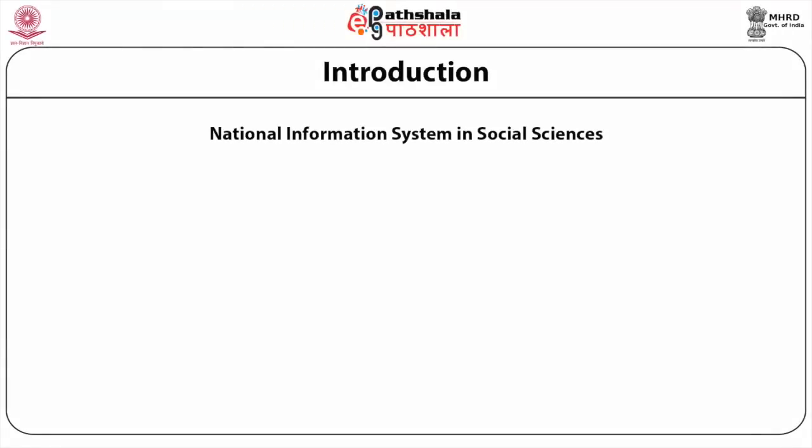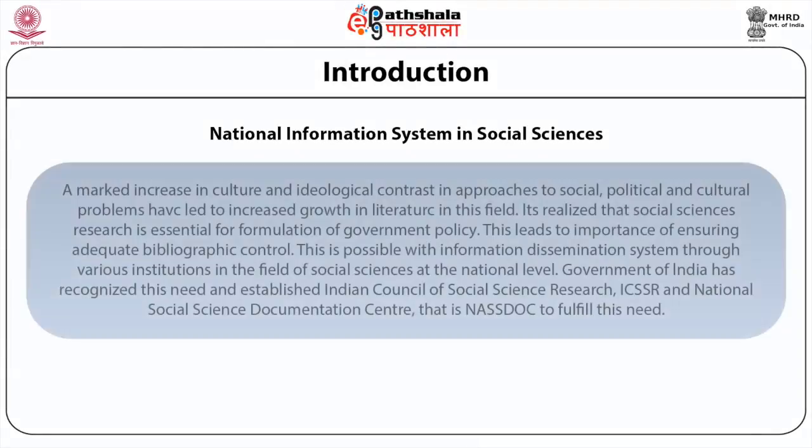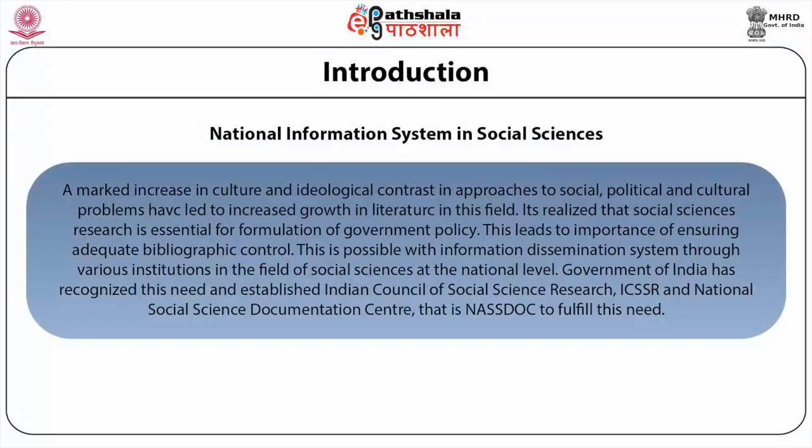National Information System in Social Sciences. A marked increase in cultural and ideological contrasts in approaches to social, political, and cultural problems has led to increased growth in literature in this field. It's realized that social science research is essential for formulation of government policies. This leads to the importance of ensuring adequate bibliographic control.